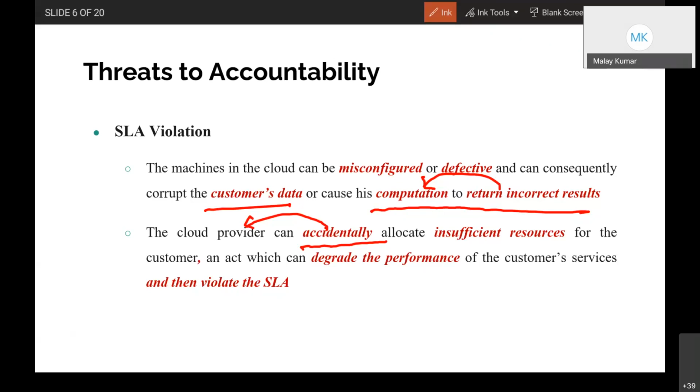The entire cloud environment is an economy of scale, so if the user base is large, the provider will definitely gain more.